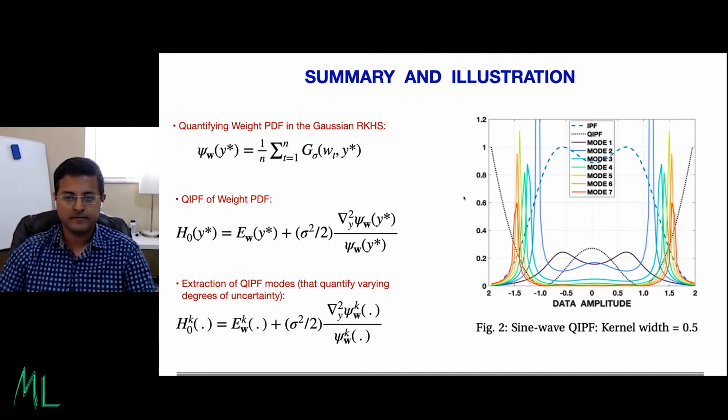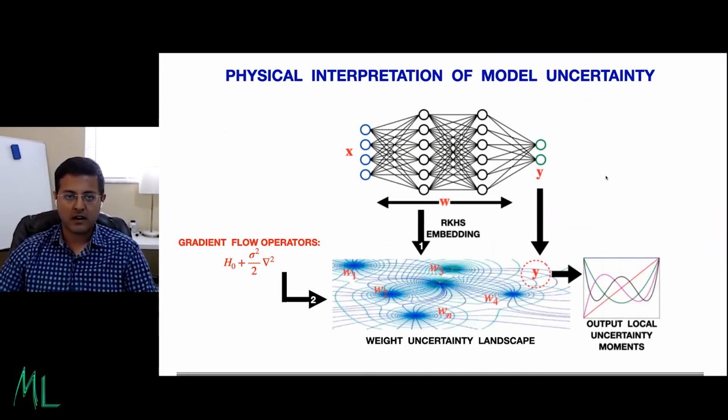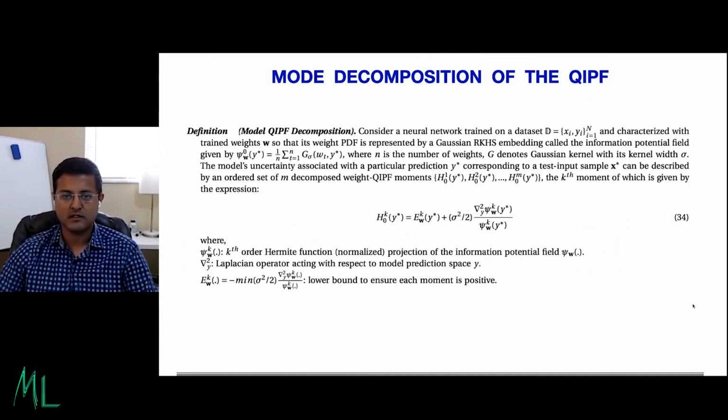So coming back to model uncertainty, this is how our framework looks again. Now we have defined gradient flow operators from quantum physics that operate on the QIPF of the weights and come up with the output local uncertainty moments. And this is basically given by this definition, which I won't go through.